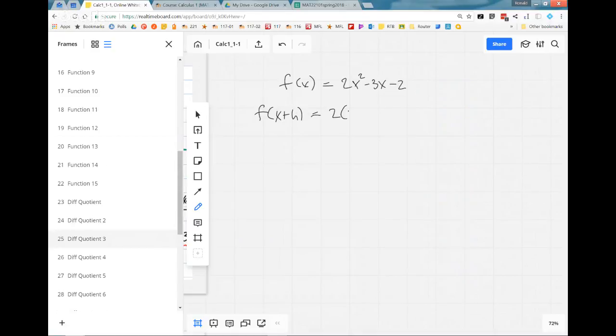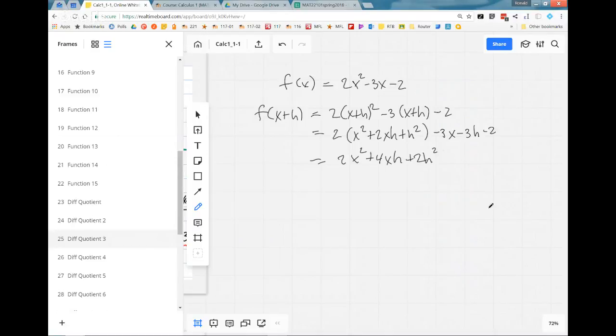So that's 2 times (x plus h) squared minus 3 times (x plus h) minus 2. So that's 2 times x squared plus 2xh plus h squared, minus 3x minus 3h minus 2. Finally, that's 2x squared plus 4xh plus 2h squared minus 3x minus 3h minus 2.